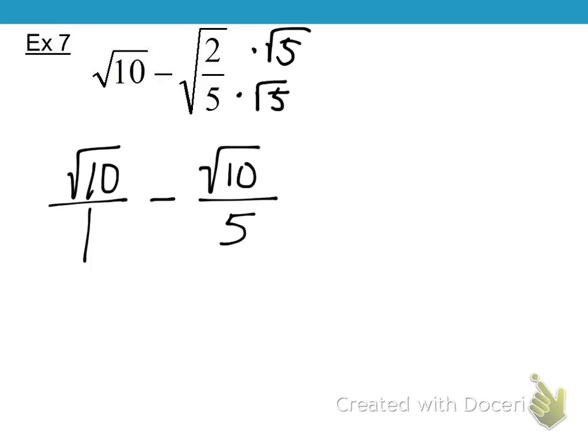5 denominator. Now what? Can't you subtract the square root times? Well, you need like radicals and you need common denominators. So I need to multiply this guy by 5 over 5.